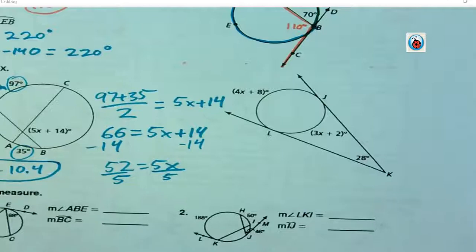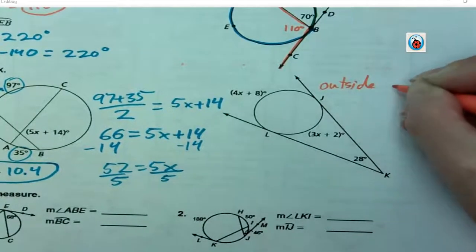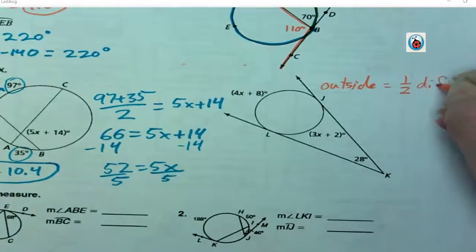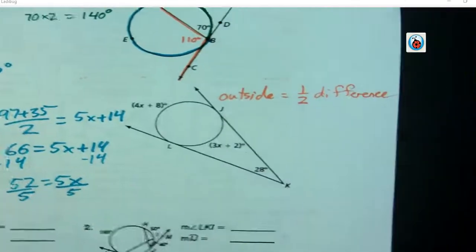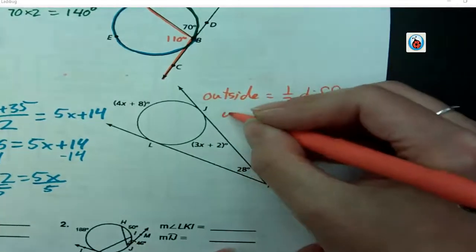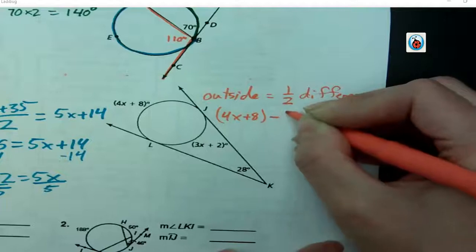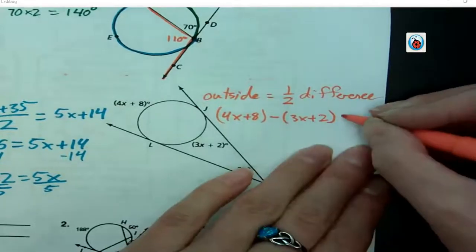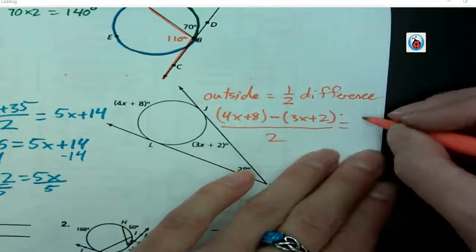Alright, on the next one, it is outside, which means 1/2 the difference. So I do 4x plus 8 minus 3x plus 2 divided by 2 equals 28.